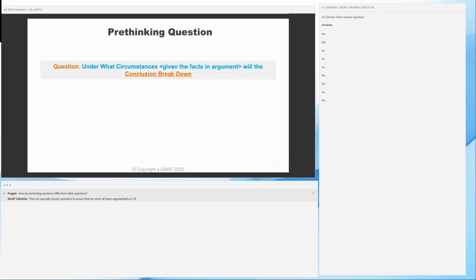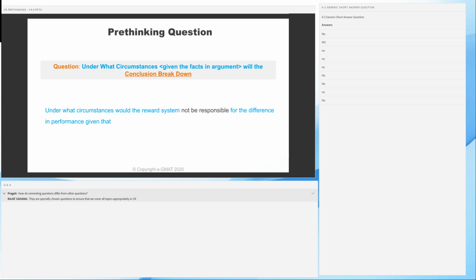Now, with that, let's look at the pre-thinking question here. The pre-thinking question is, under what circumstances, given the facts and the argument, would the conclusion break down? This pre-thinking question has two parts. Part 1 is given the facts and the argument, and part 2 is the conclusion breakdown criteria. We're going to get both of these from the argument. And in every argument, these are the only two fill in the blanks that you'll have to put in.